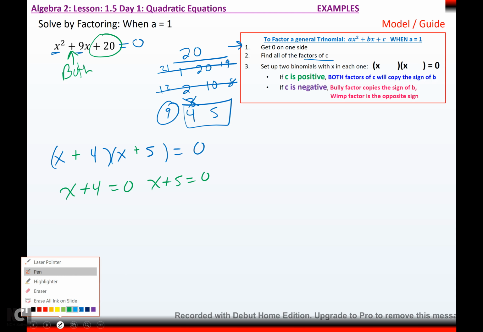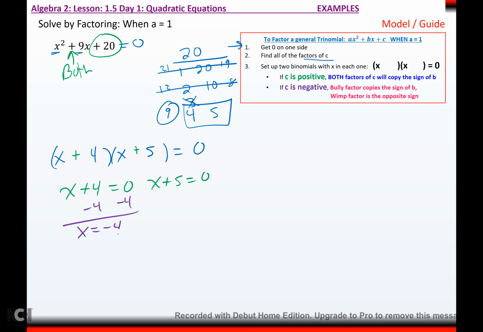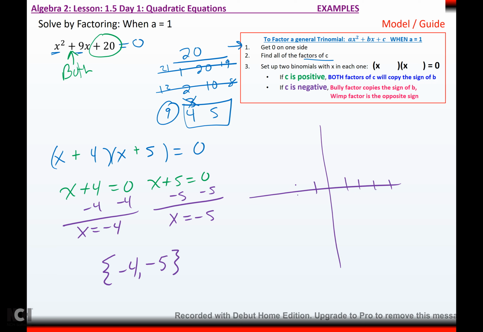If I solve the first one, minus 4, I get x equals negative 4. Minus 5, I get x equals negative 5. My two solutions are negative 4 and negative 5. Again, what you have found is that this thing is going to cross the x-axis at negative 4 and at negative 5.